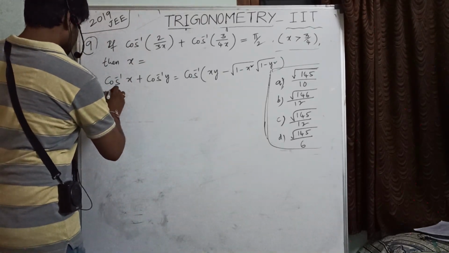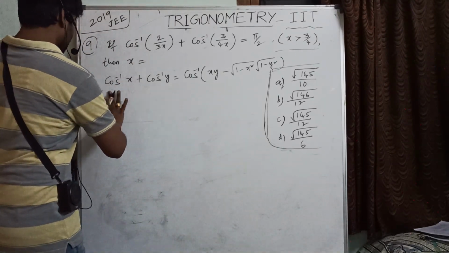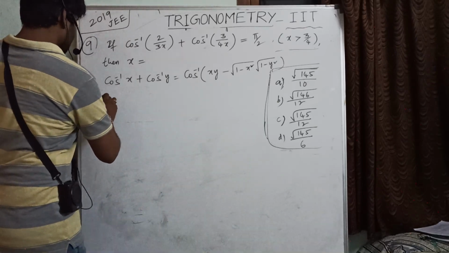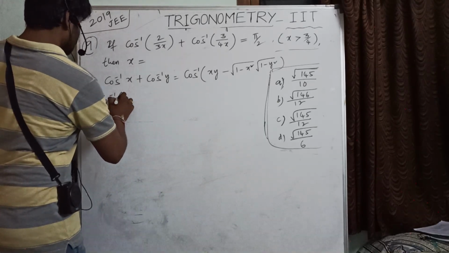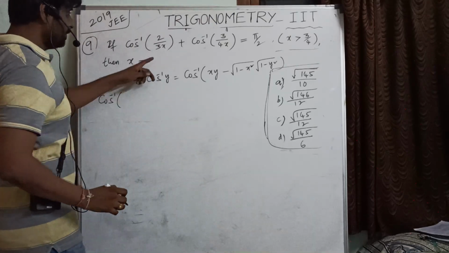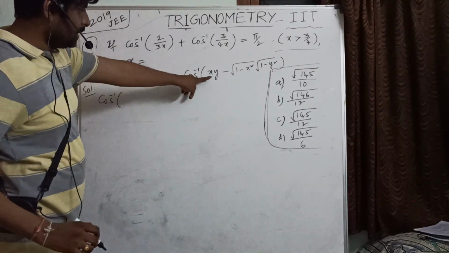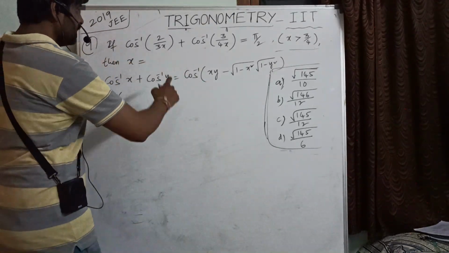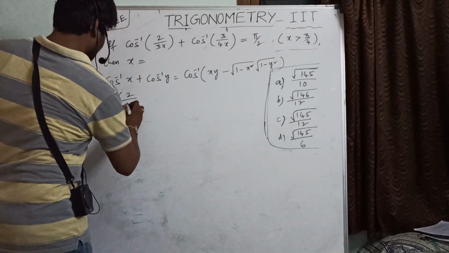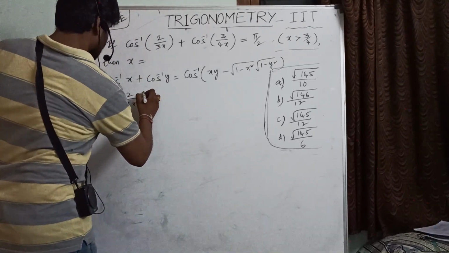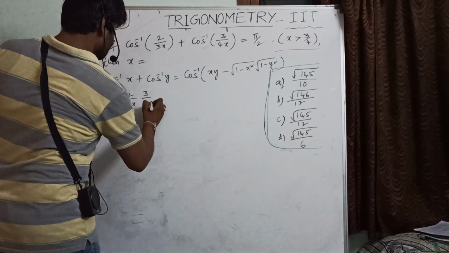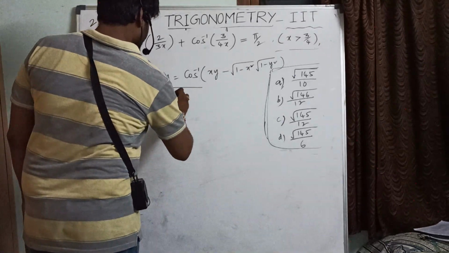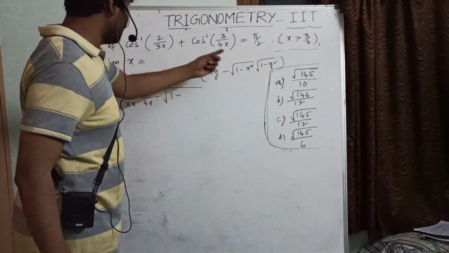Now LHS. Anyway, let us take that. Okay, part complete. What was given? So cos inverse of, let me multiply directly. Applying formula there, x into y. See here, if I multiply 2 by 3x into 3 by 4x minus root 1 minus x square, this one square.